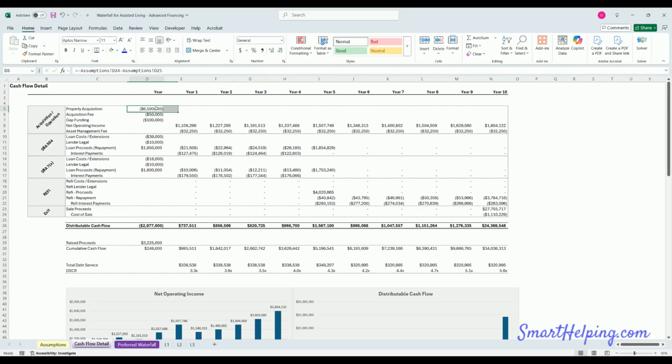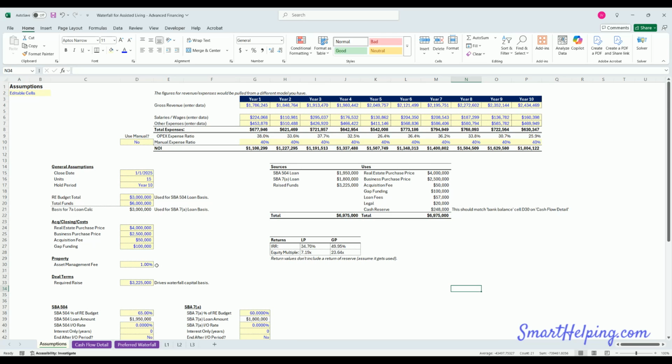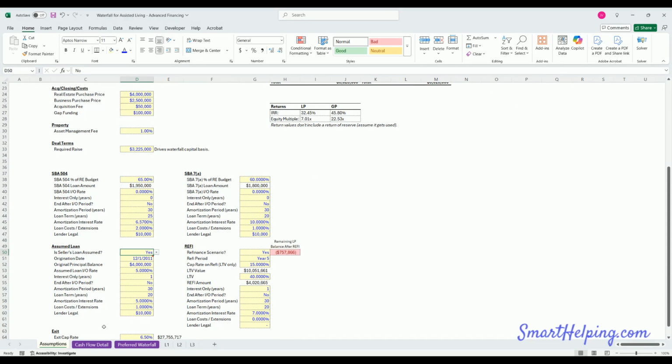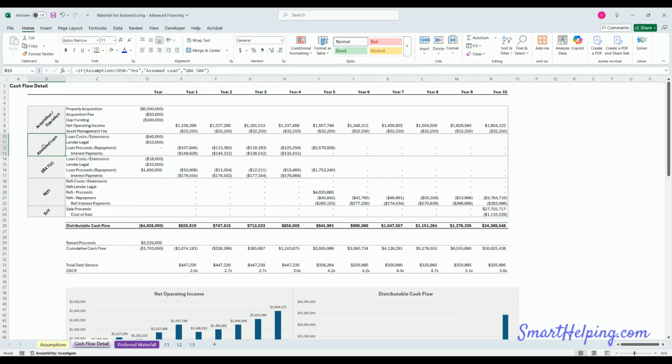On the cash flow detail, you just have all the property cash flow. So acquisition fees, this would be GP income, any gap funding, the net operating income, the asset management fee. Then you've got all the loan cash flows here for SBA 504, all the SBA 7. And note, if you do turn this on for assumed loan, whoops, down here, this will change to assumed loan instead of the 504.